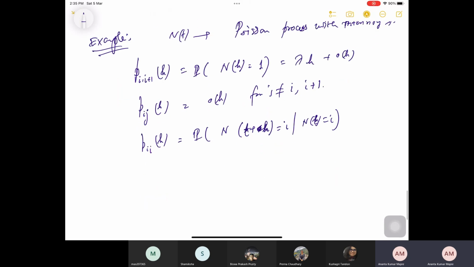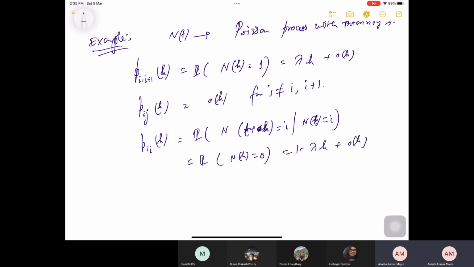Is it not? So that means I can write down this part, no? The probability of this part is the same as N(h) equal to 0, and now this is 1 minus lambda h plus small o of h.